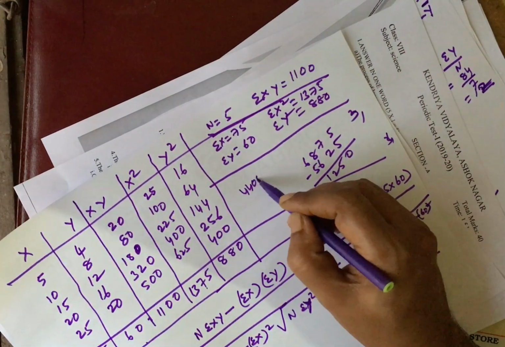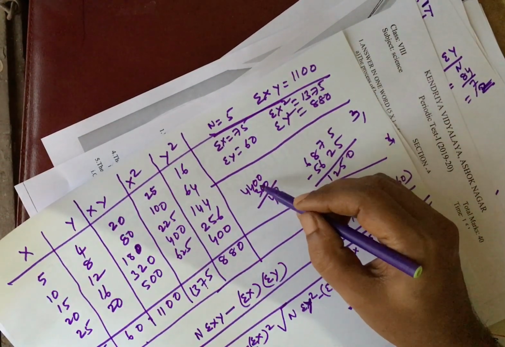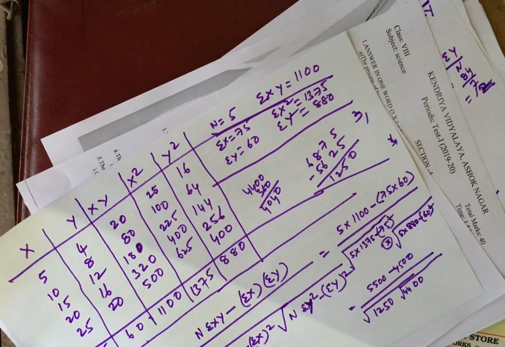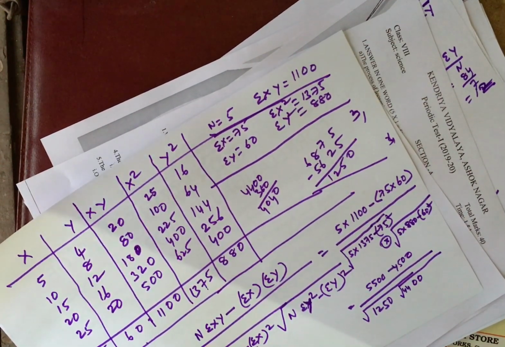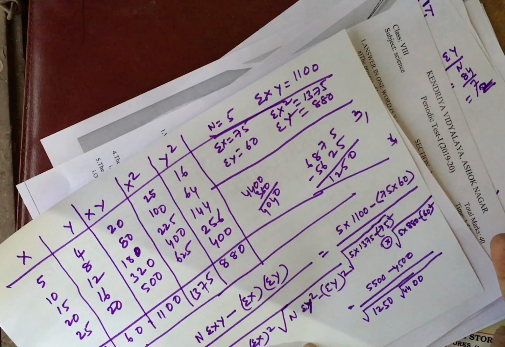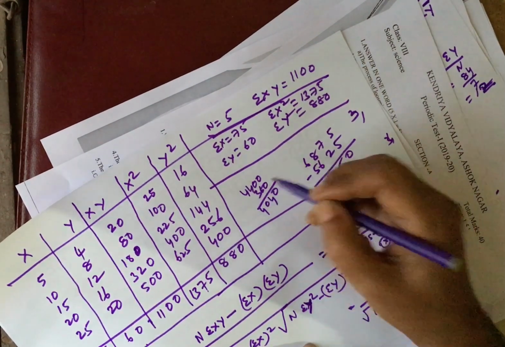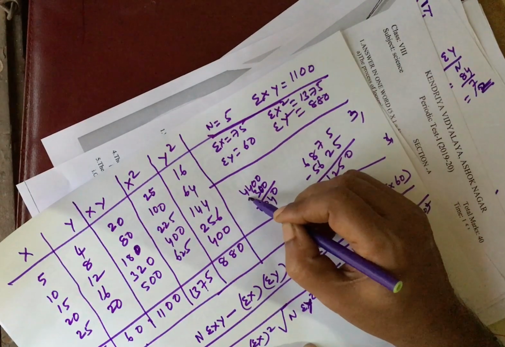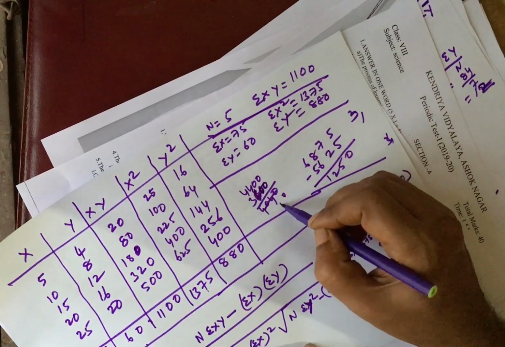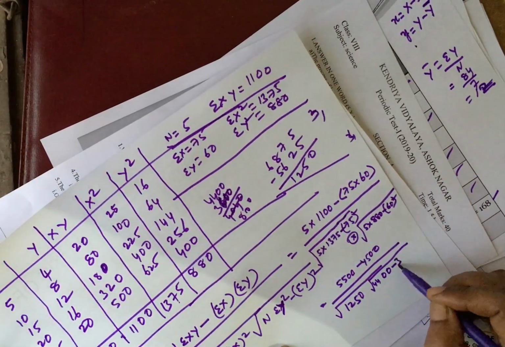So it means 4400 minus 3600, so it is coming 800. Is it correct? Correct.